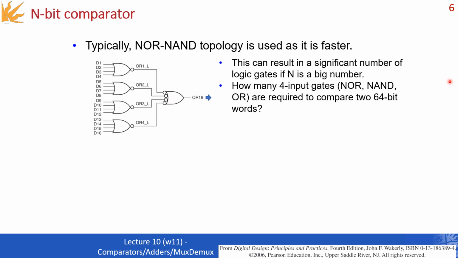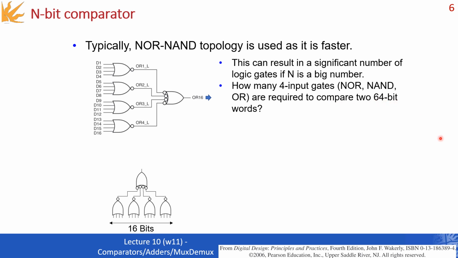Notice the NOR gates here, and notice the NAND gate here. Now, this can result, as you can easily notice, in a significant number of logic gates if n is a big number. By n, we refer to the number of input variables here.